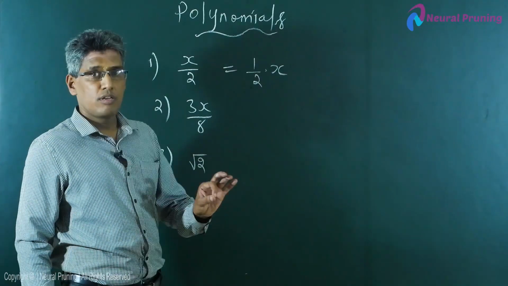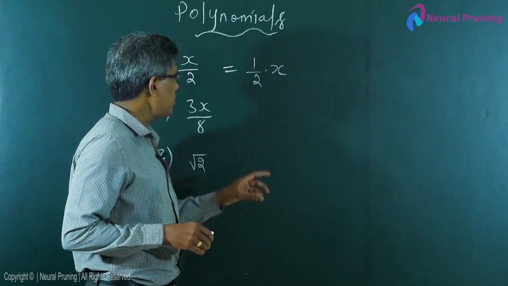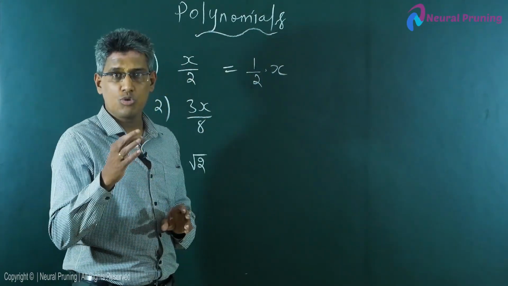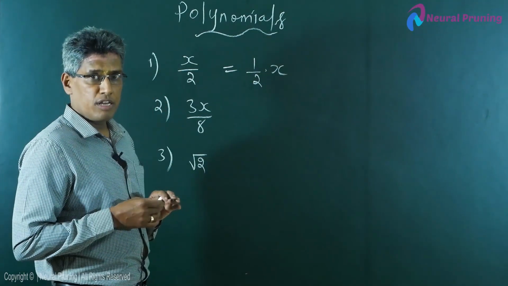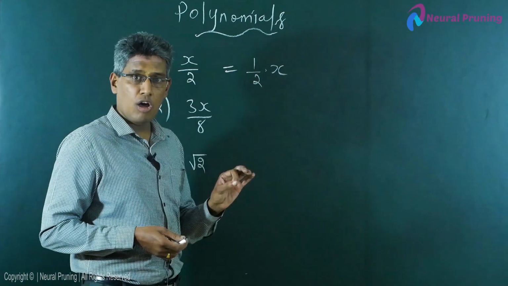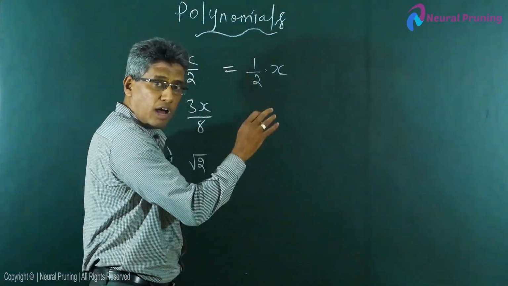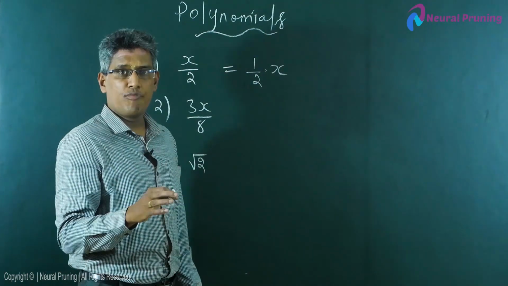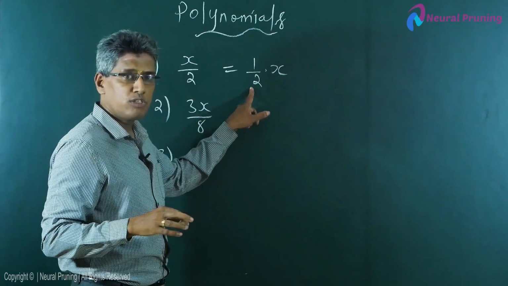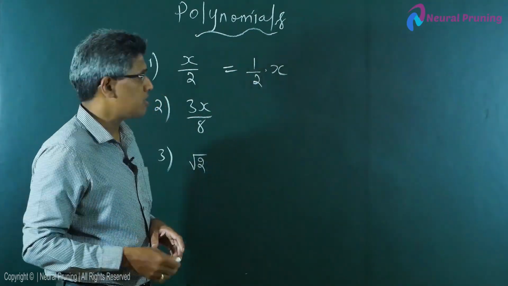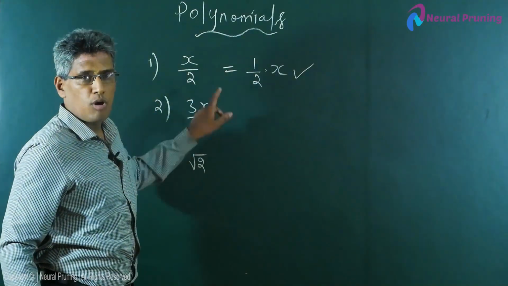Now, based on the actual definition of a polynomial, the coefficients associated with variables that are part of a polynomial can belong to the set of real numbers. Okay, so now half, 1 by 2, as coefficient is perfectly alright, it is acceptable because 1 by 2 belongs to the set of real numbers. So for this reason we can call this a polynomial.